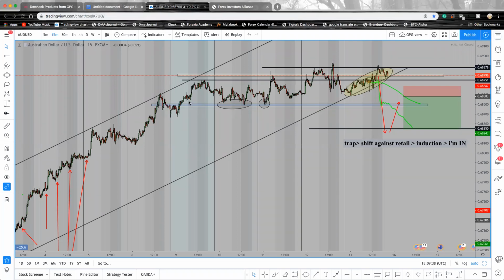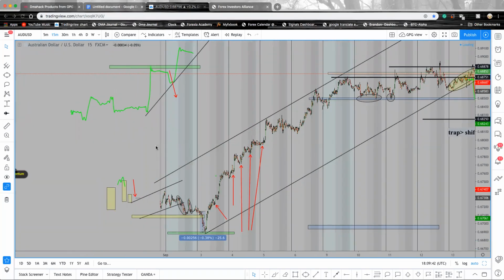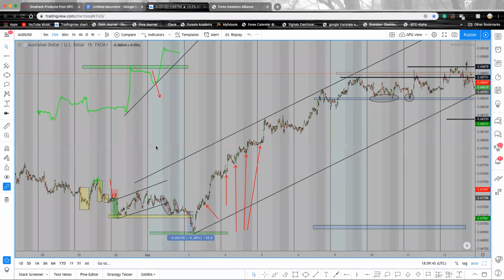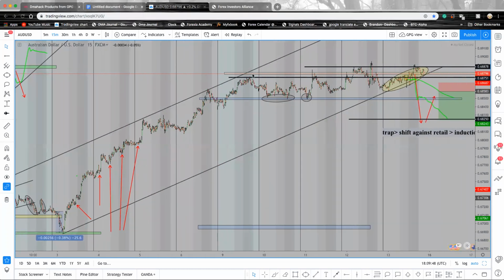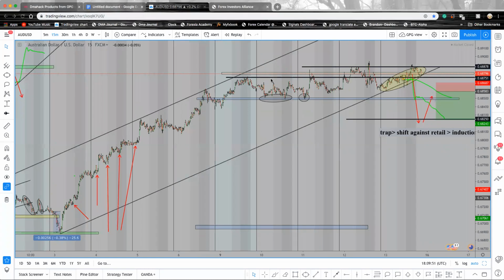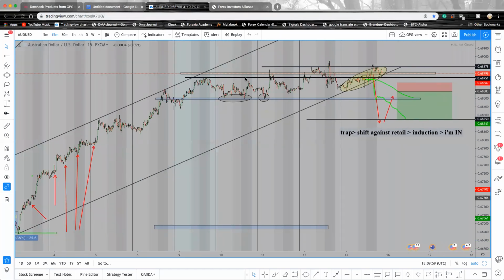The safety trade, basically, I'm going to say quickly: when you find an obvious trend that's going up, you find a trap zone, and you realize that you are going to sell this, but you don't sell it yet. The trap is found, then shift against the retail traders.